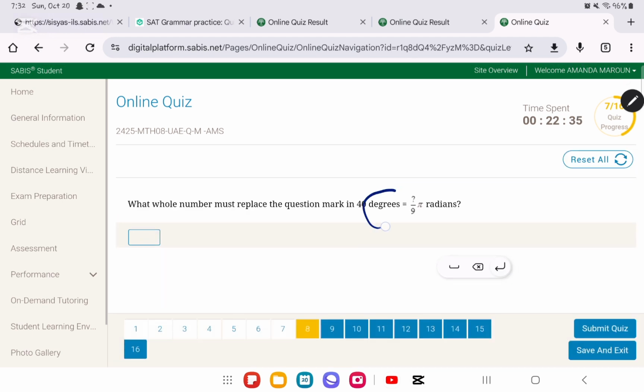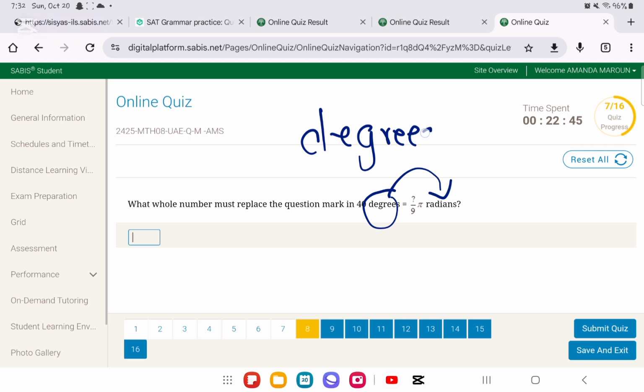Question number 8. Oh, this is nice. We are changing now from degrees to radians. We know that from radians to degrees, we multiply by 180 over pi. But here, we're going to do something different: we're going to flip the fraction.